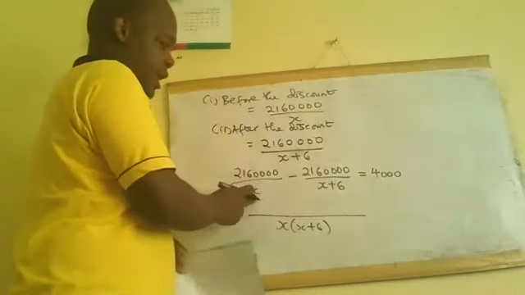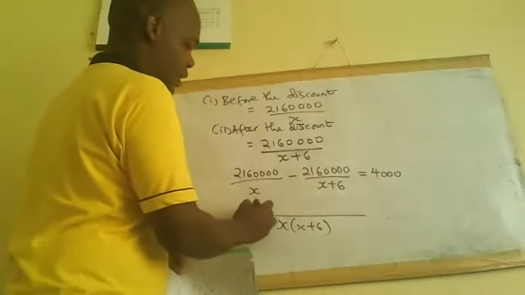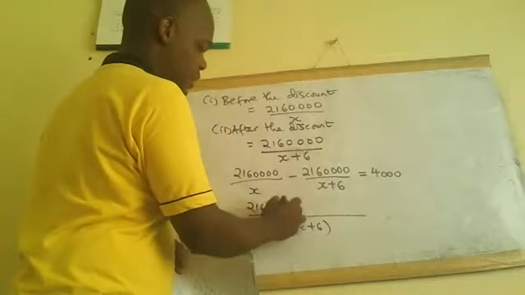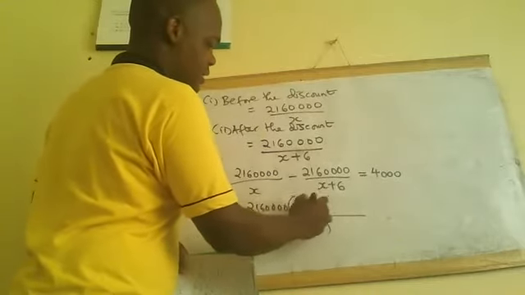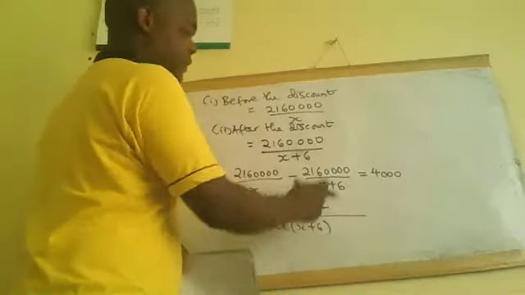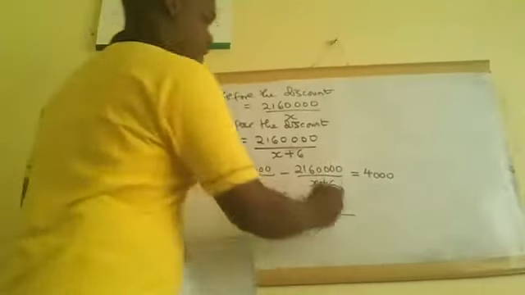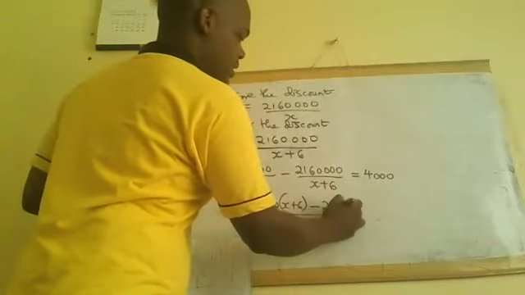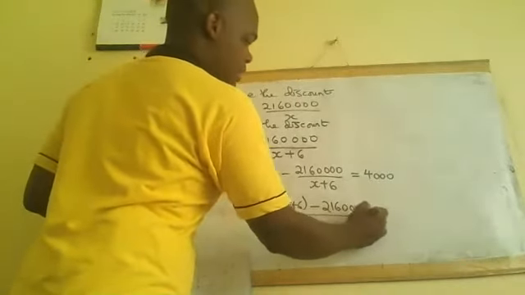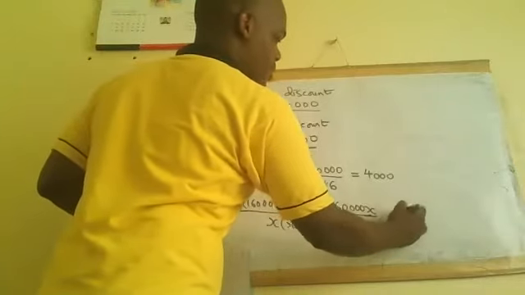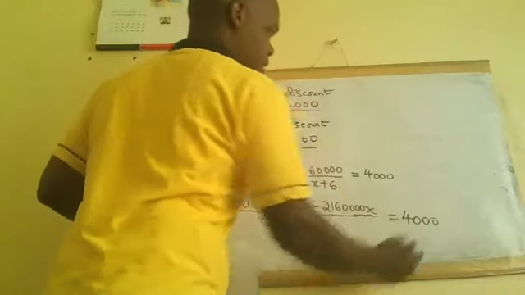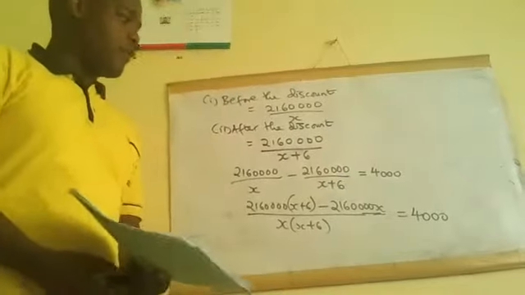I'll get 2,160,000 into x plus 6, then minus 2,160,000 x, and that will give me 4,000.